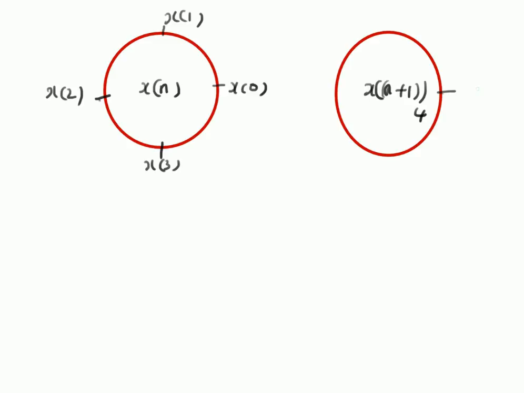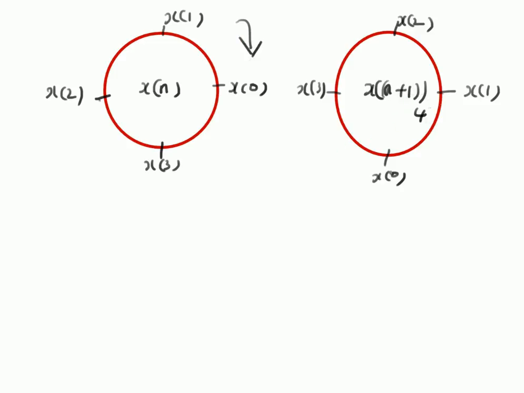That is, we have x of 1 here, x of 0 here, x of 3 here, and finally x of 2 here. So everything has moved in clockwise direction, that is, we move this circle in clockwise direction, we get x of n plus 1 mod 4.